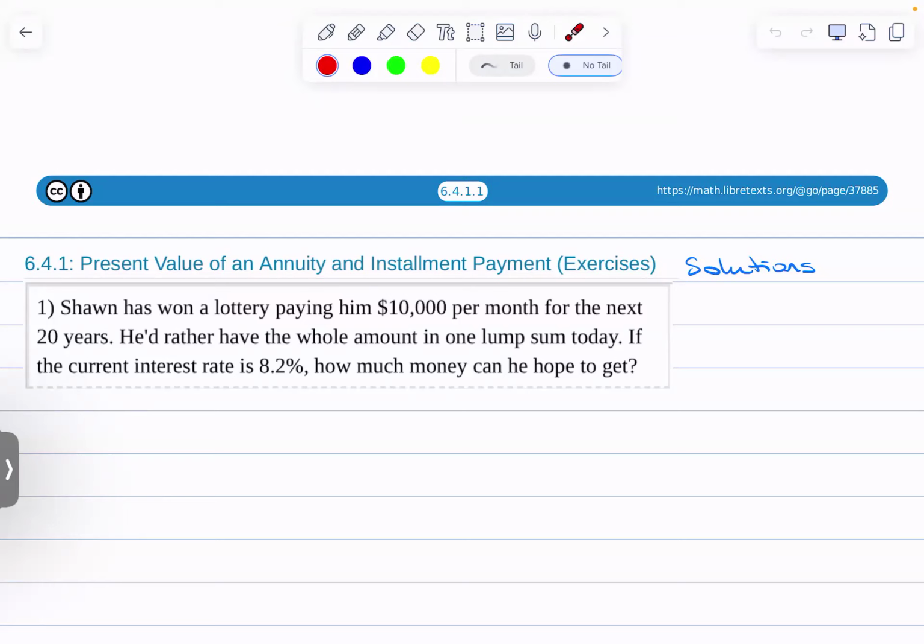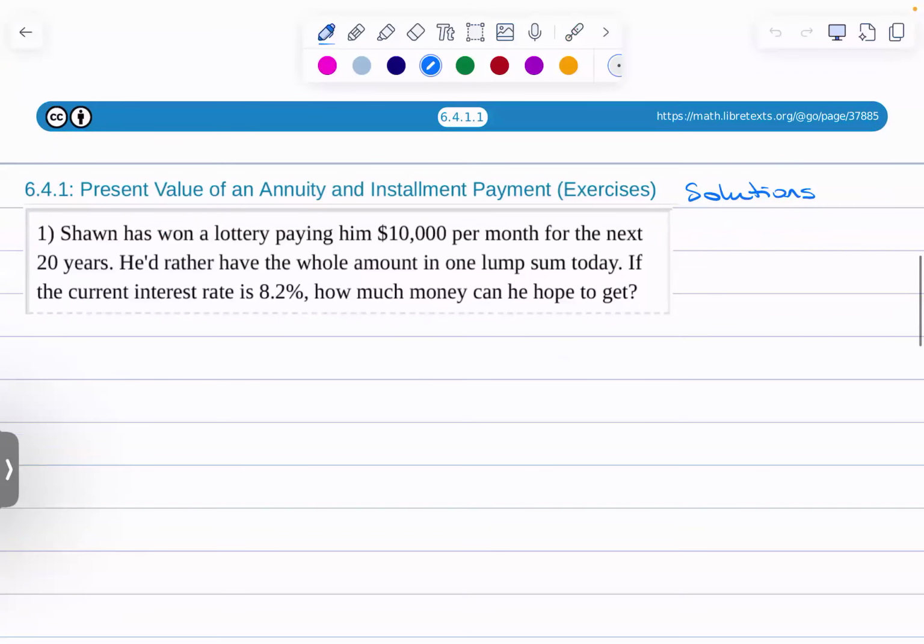And so in this case, we're trying to solve for P. For these types of problems, we're either going to solve for P or for M, and we're going to bounce between the two. We've got some lump sum that's worth the same as these regular payments for 20 years. So how much money can he hope to get?